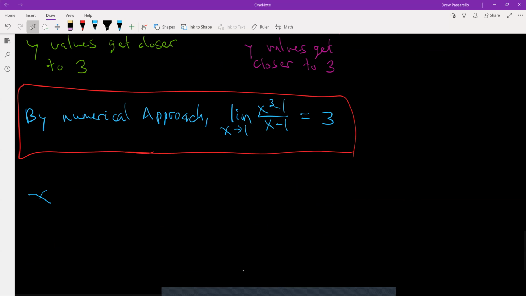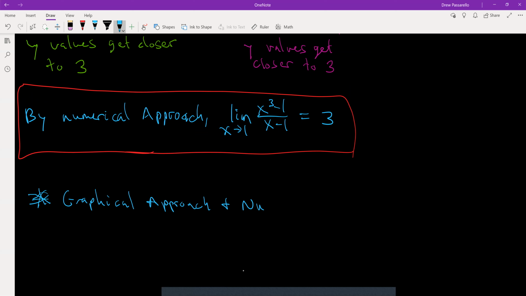So I'm going to make a comment. The graphical approach, because I'm just observing it, and based on how the graph is drawn, I can visually tell that it appears to be getting closer to 3. So the graphical approach and numerical approach are approximation methods, or estimating methods.